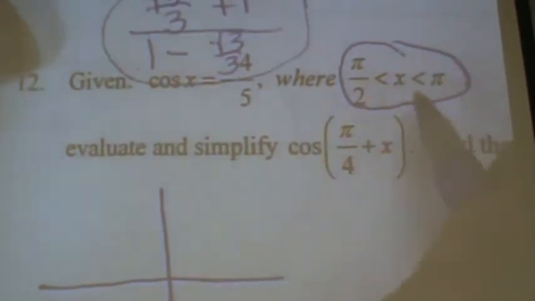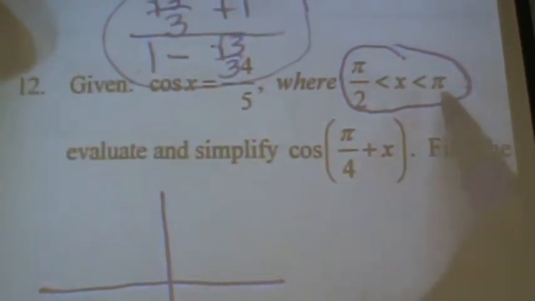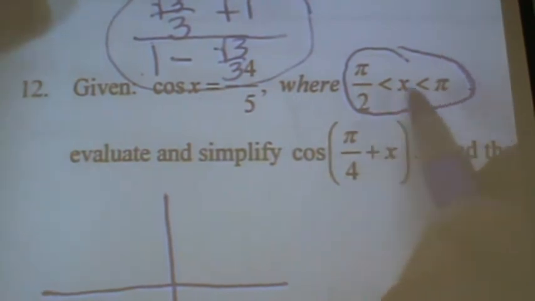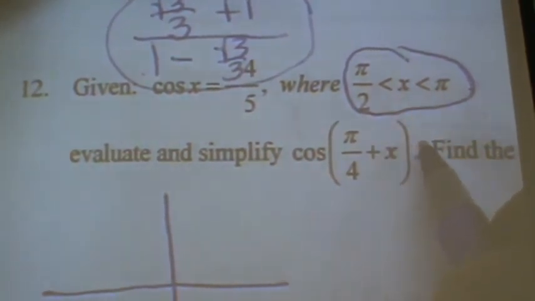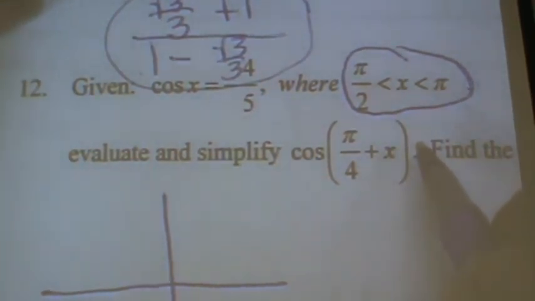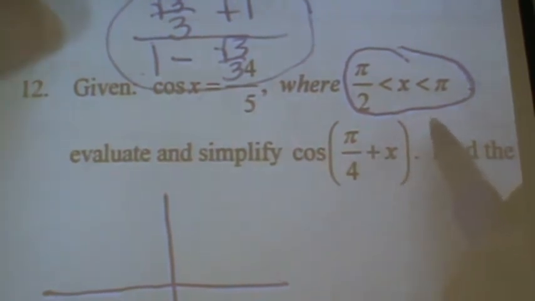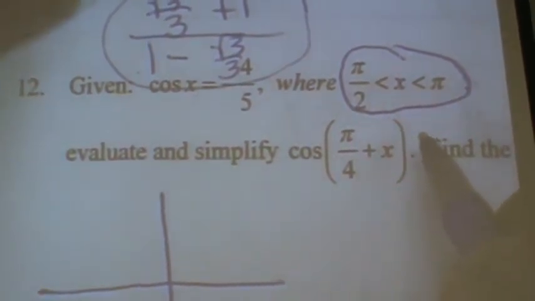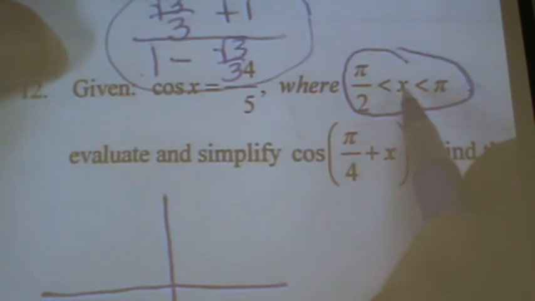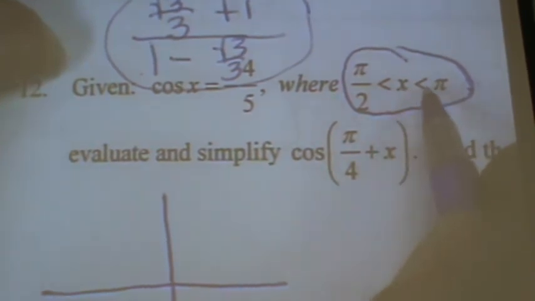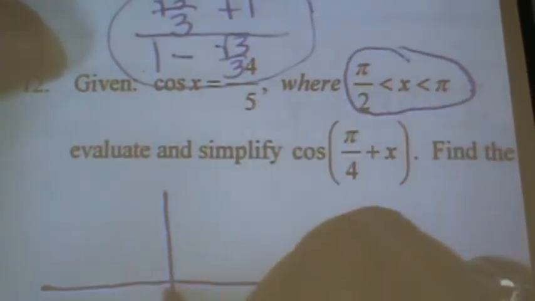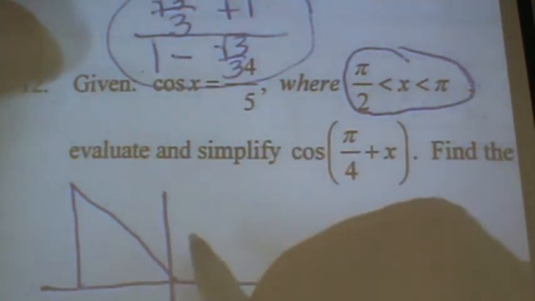That's important to understand, because that's going to tell you whether the legs are going to be positive or negative. You will get this problem wrong if you don't understand what this means. This is telling you that x is in quadrant 2.